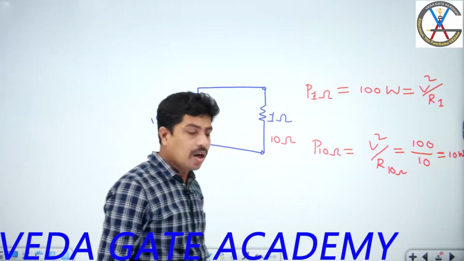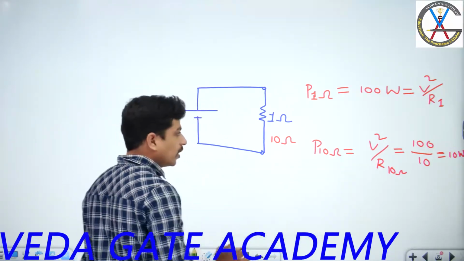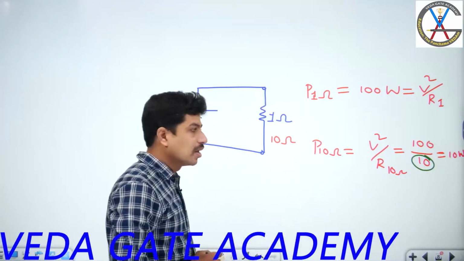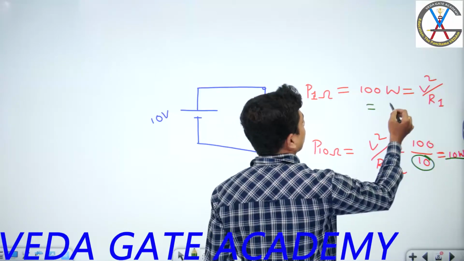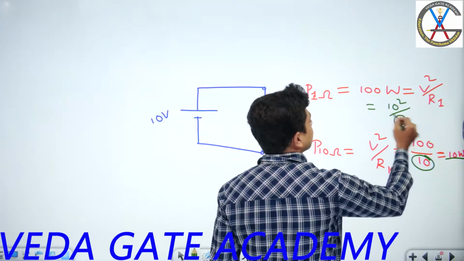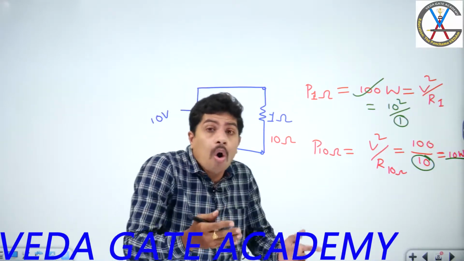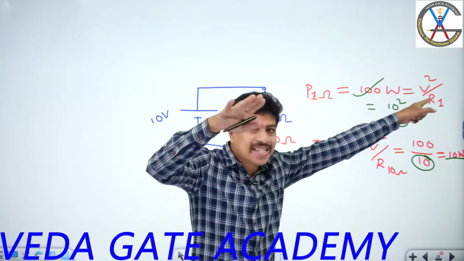Now, one point you have to understand very carefully. More is the resistance, less is the power. Less is the resistance, I'll write here 10 square by 1, more is the power. Means load is high, load power is high, but load impedance is less.